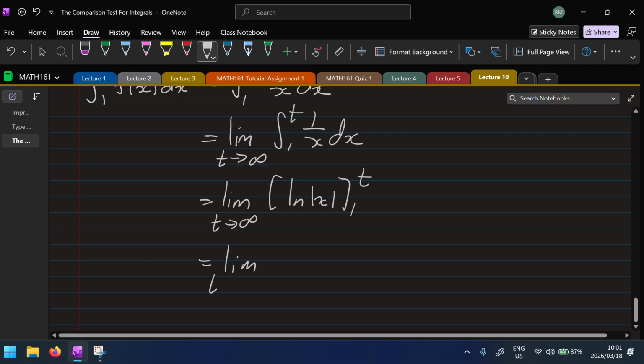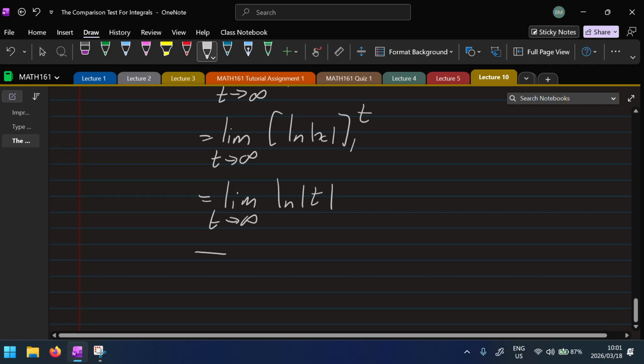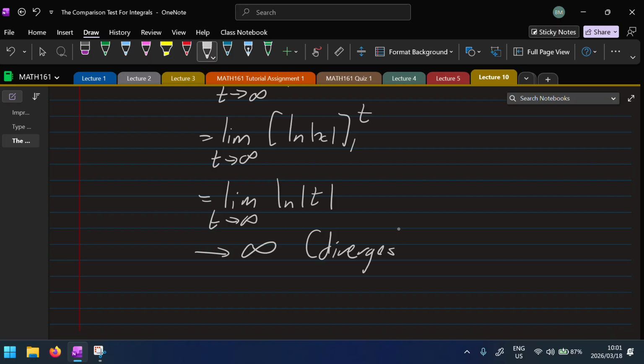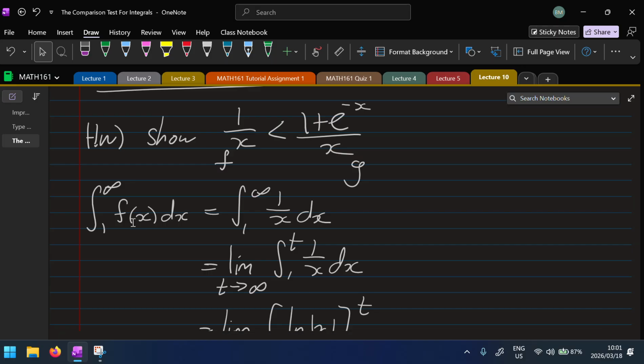So we get the limit, t goes to infinity, natural log of t. If we substitute 1, we get 0, so we just have this limit. Does this limit converge or diverge? It diverges. When t goes to infinity, natural log goes to infinity, this diverges. So we've shown that the smaller one, f, diverges. If the smaller one diverges, then the larger one diverges.